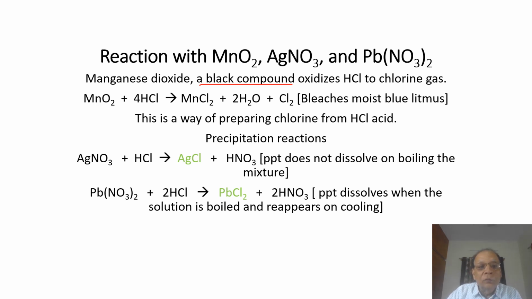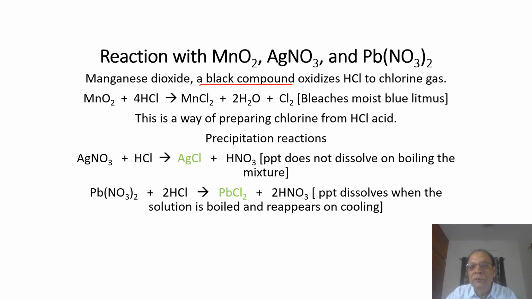So when concentrated hydrochloric acid is dropped on manganese dioxide in a flask, it gives you a brown precipitate of manganese chloride. Water is also formed, and chlorine, a greenish yellow gas, is evolved, which bleaches moist blue litmus to white color.